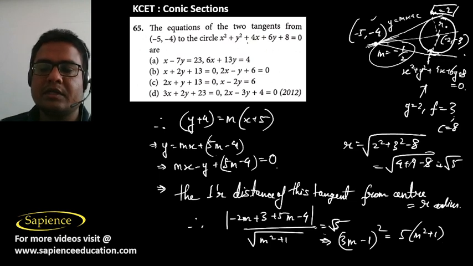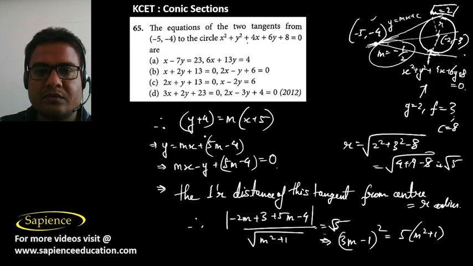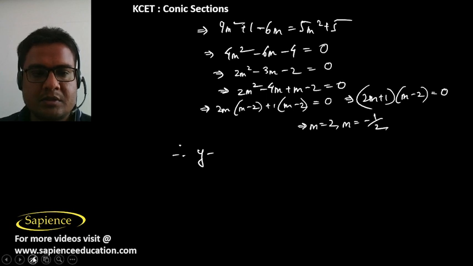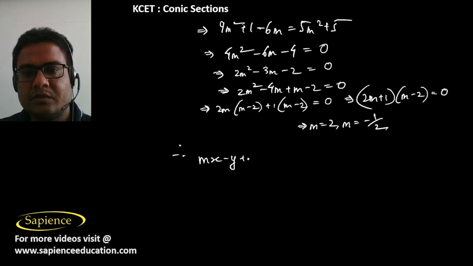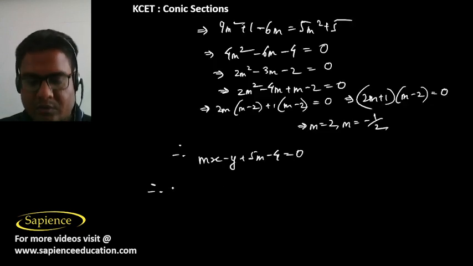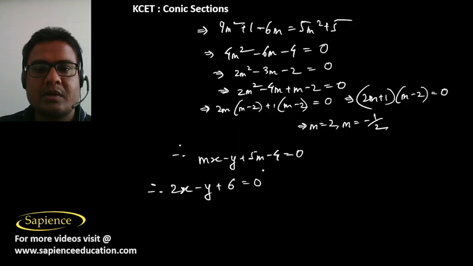Therefore their equations will be mx minus y plus 5m minus 4 equal to 0, which we have found. So the first tangent will be 2x minus y plus 10 minus 4, that is 6, equal to 0. So 2x minus y plus 6 equal to 0.